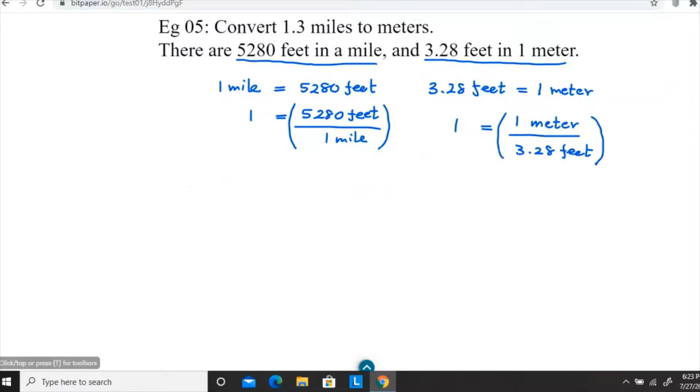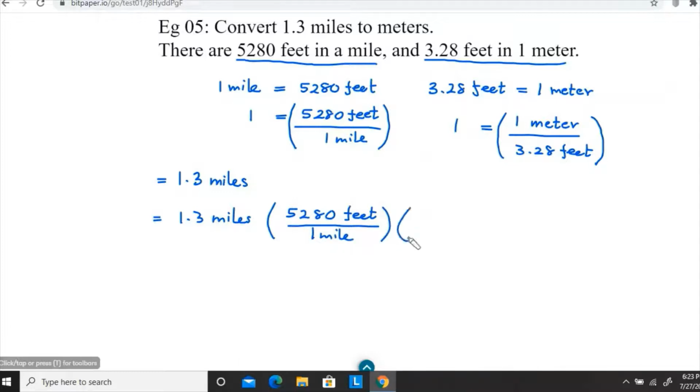So now I need to convert 1.3 miles. And simply what I'm going to do is that I'm going to multiply this by 1. So 1.3 miles times the first conversion factor. That is, I'm converting the miles into feet. That's what I'm doing in this conversion factor. One mile.